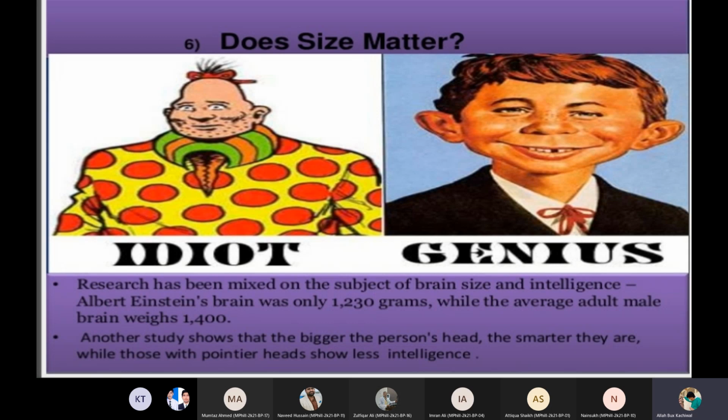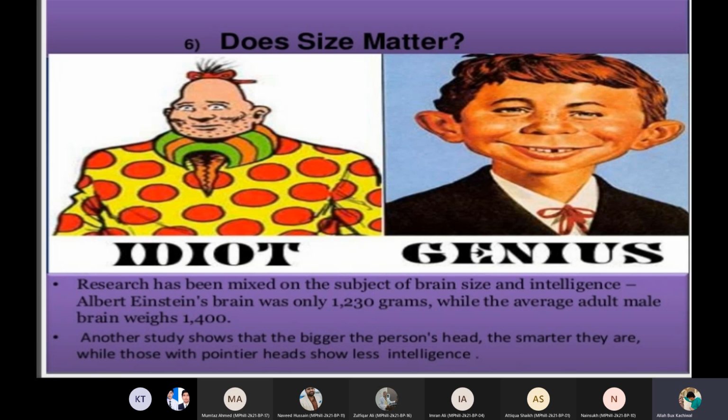So therefore, another study shows that the bigger the head, the smarter they are, while those with pointier heads show less intelligence.